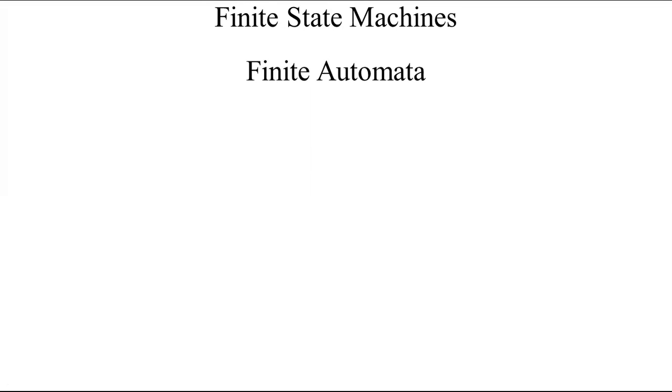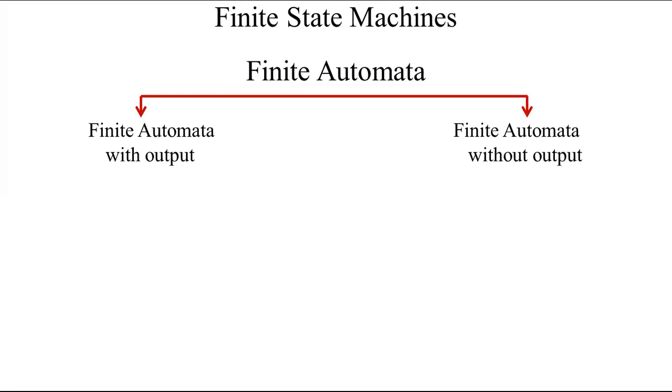The finite automata is divided into two parts: finite automata with output and finite automata without output. In finite automata with output, we again have two categories: the Moore machine and the Mealy machine.